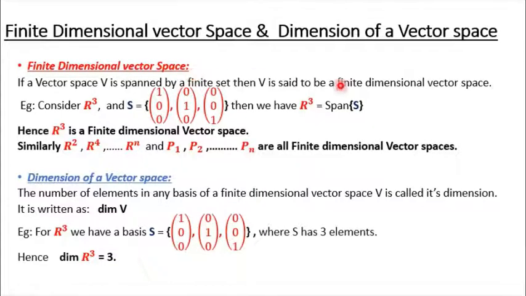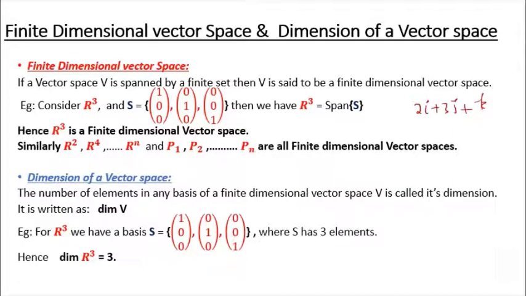For example, in vector calculus, you have learned how each vector is denoted in a vector space. Suppose, for example, let me write some vector: 2i plus 3j plus k.